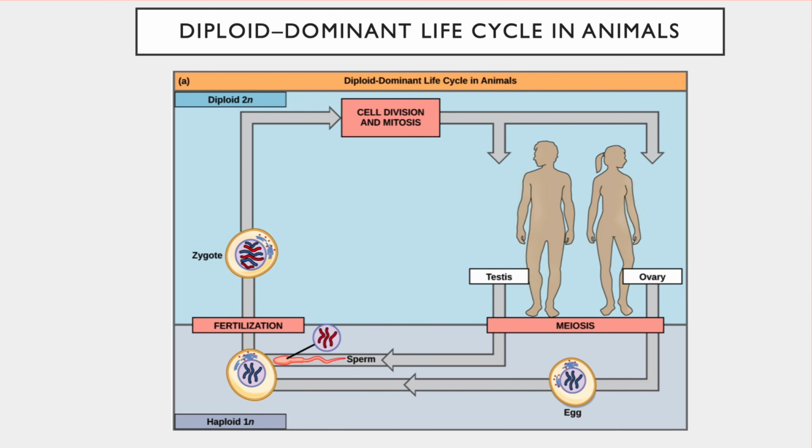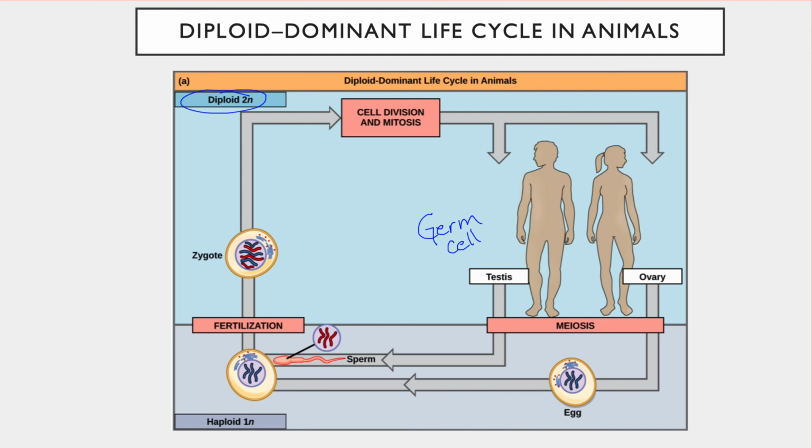The diploid dominant life cycle is called diploid dominant because the organism that we typically see as the organism of that population, in this case for showing humans, is diploid for the most part. There are specialized cells in the gonads of the male and female, that's the testes and the ovary, that are called germ cells.